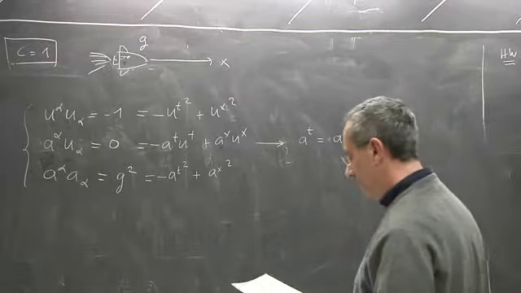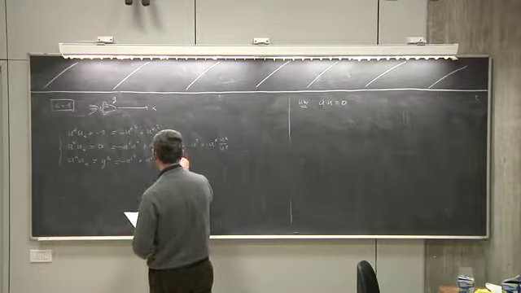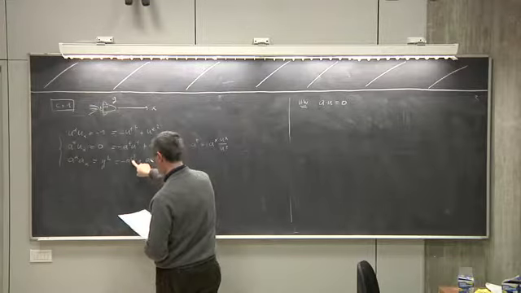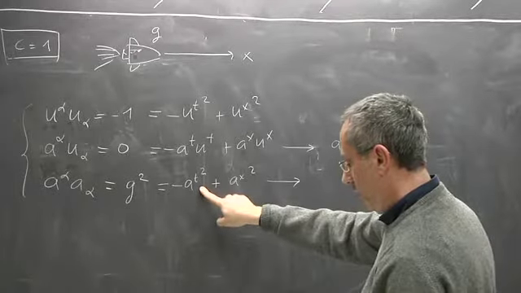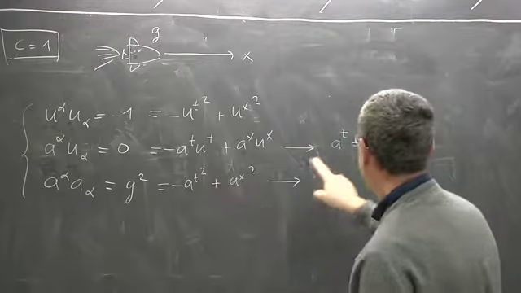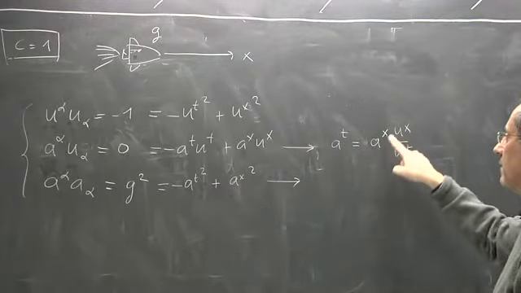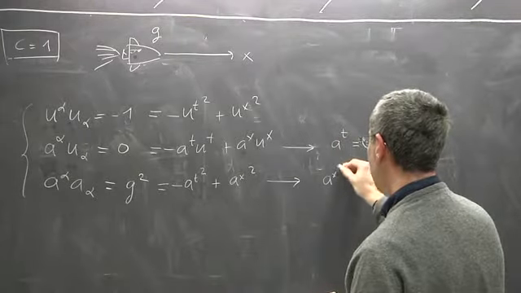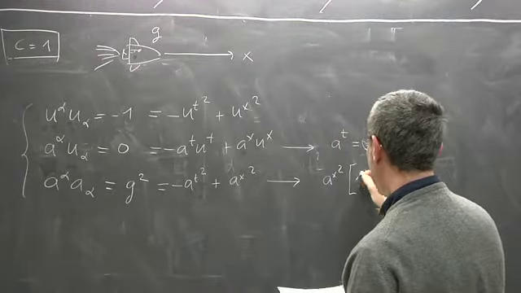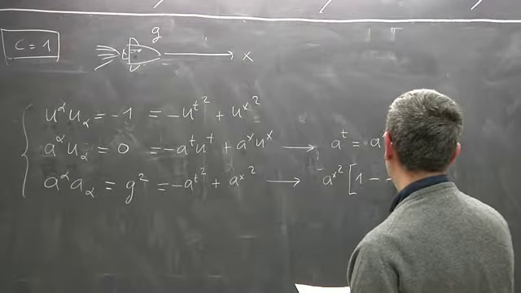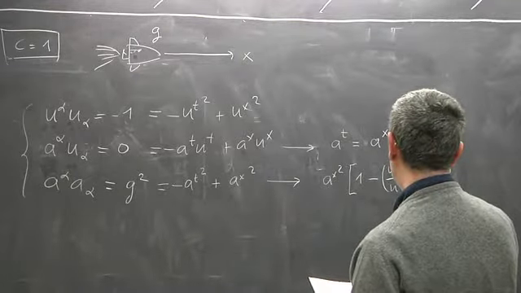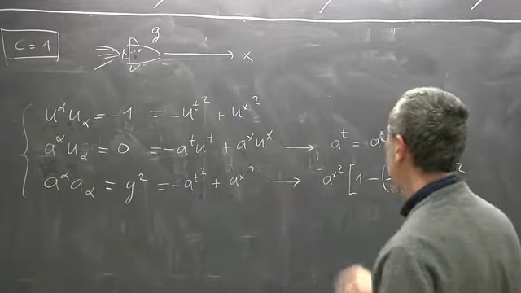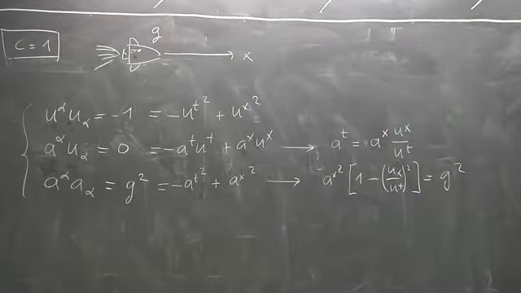On the other hand, from this one you see that this is proportional to ax by this factor. So I can write it simply as ax squared times 1 minus ux over ut squared, and this must be equal to g squared. So that's from this second equation, by using the one I just derived.